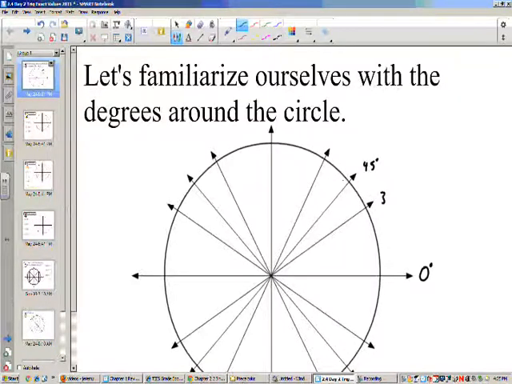And that means this one is going to be 30 and 60. Now, if we go on the other side, this will be 90. And since this is 30 degrees, another 30 degrees is going to be 120. Another 30 from that is going to be 150. And this is going to be 180. Now this is going to be the 45 less than 180, so this is going to be 135 degrees.